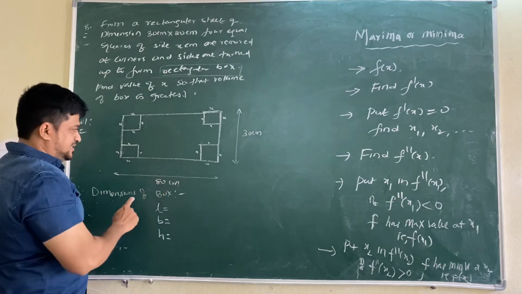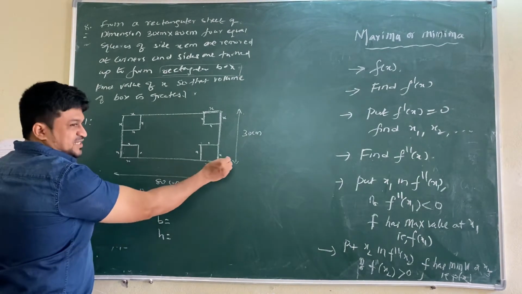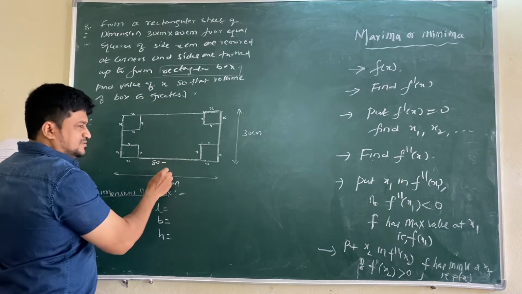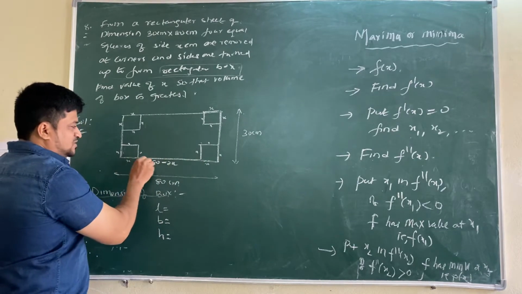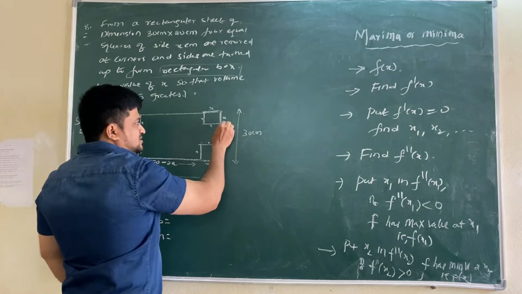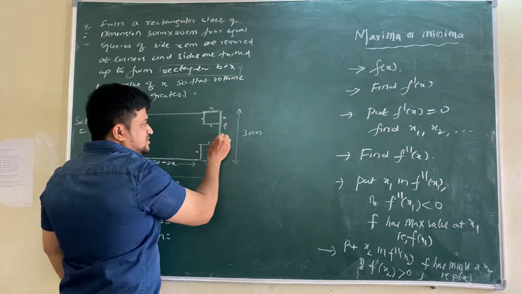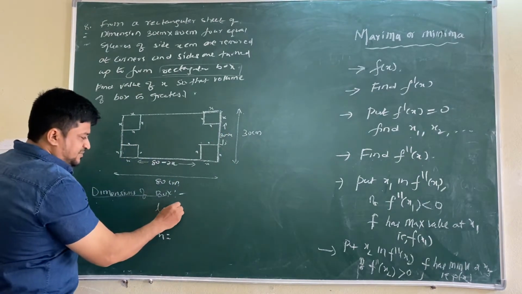The sheet is 80. For the box, we have removed x and x from here, na? So 80 minus 2x. From here 1x, from here 1x. So the box length is decreased. Box corners are removed, so the length of the box is 80 minus 2x.